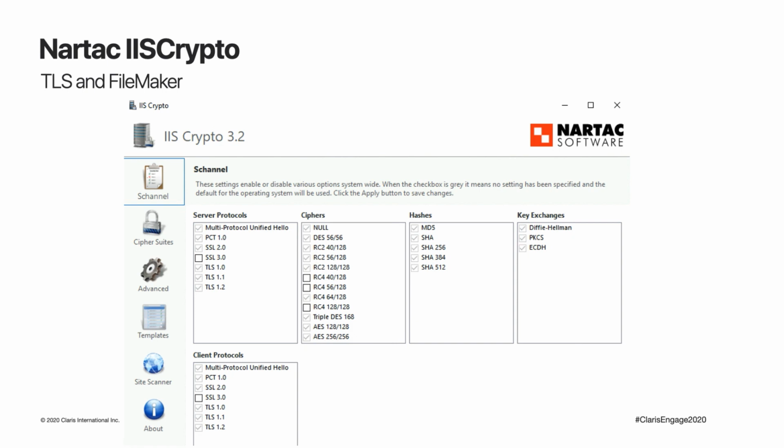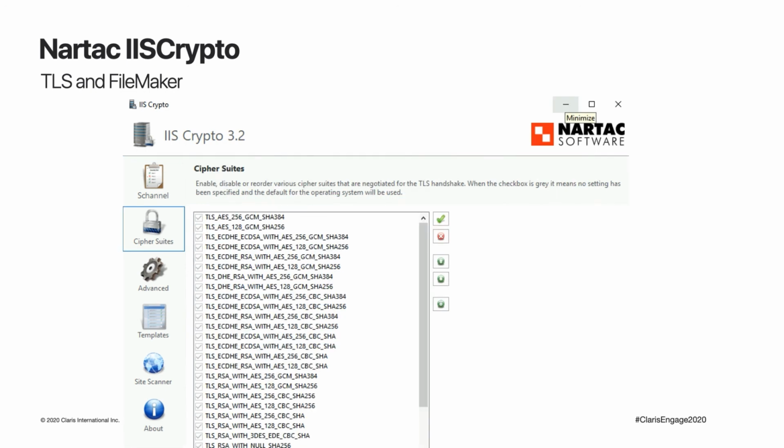This is what the interface looks like. You see that you can enable and disable the different versions of TLS, use ciphers and hashes, and set certain combinations on or off. You can also enable and disable the cipher suites. I know we are not specialists in this.